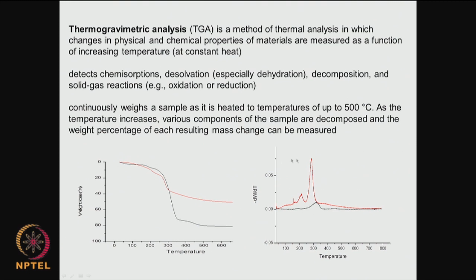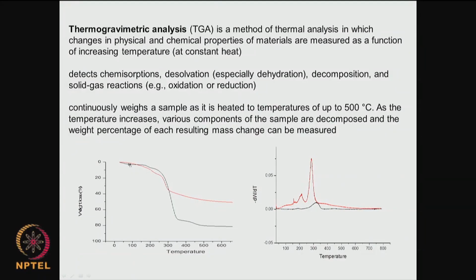It may be difficult to see from this graph, but if you take a differential dW by dT and plot against temperature, it gives you a very nice picture of at what temperature each of these materials is losing its weight.